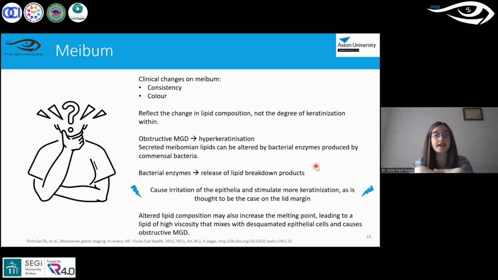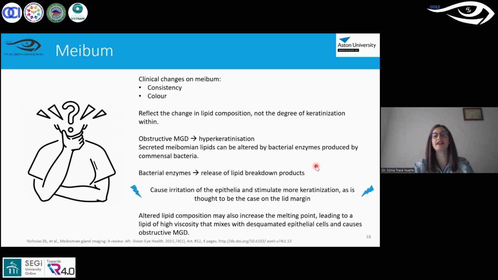So we have blepharitis, if we have too much of a bacterial overgrowth, that then breaks down those lipids, and that is what triggers more keratinization of the tissue, triggers more lid margin irritation. So it's sort of like a continuum, kind of.